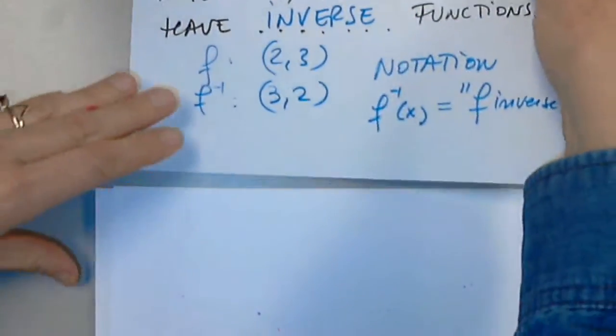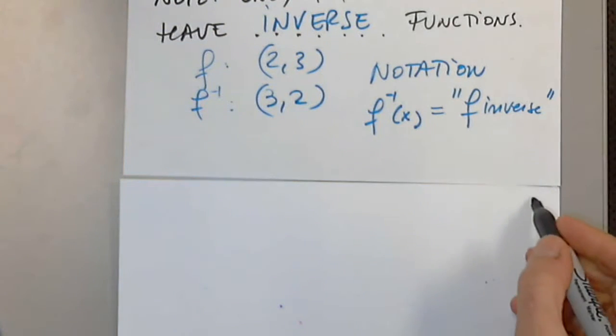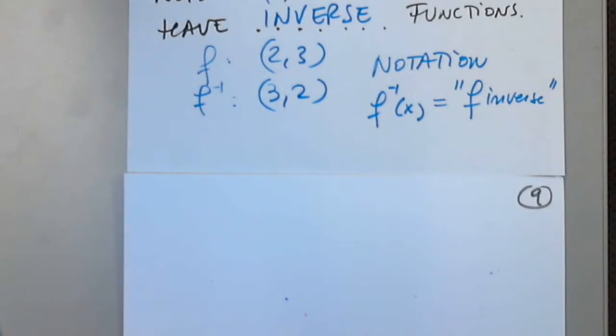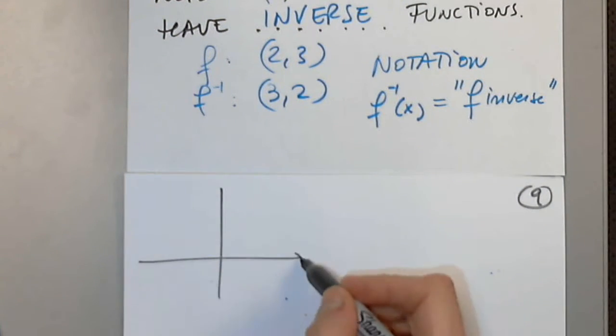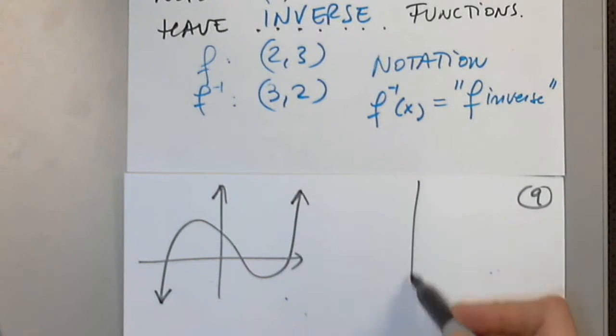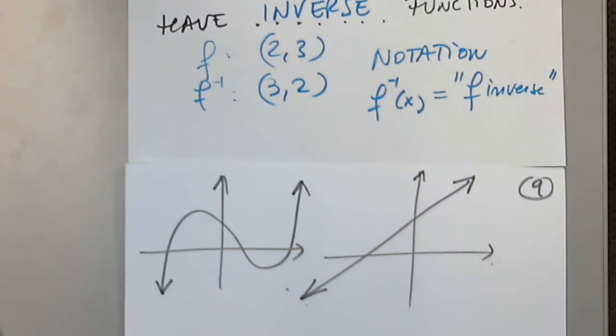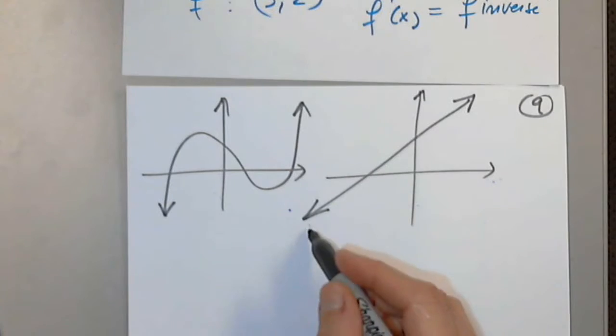Any questions so far? I want to give you a couple of graphs because I would like to identify one-to-one functions from a couple of graphs. Here is one graph. Here's the second graph. And here's the third.